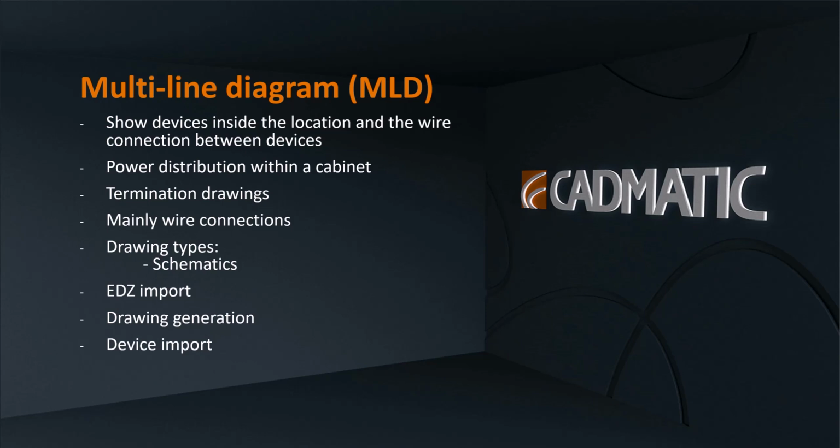And in that way, you can have these devices imported from the other design disciplines and import those device informations to CADMATIC Electrical and continue your work of design. Also, I will have a short example of this device import.